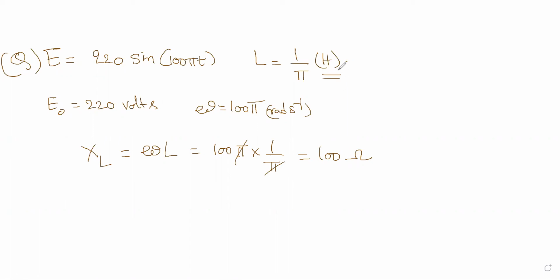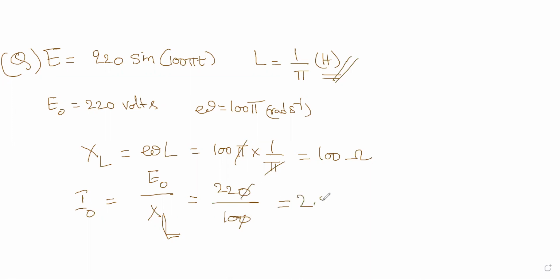The inductance is measured in Henry, H for Henry. And I naught one can calculate: that is E naught by XL. E naught is 220, the XL we got is 100. So it happens to be 2.2 amps. That will be the current.